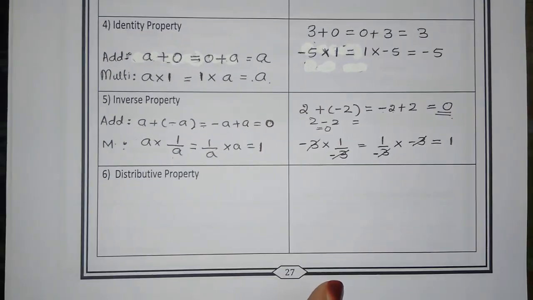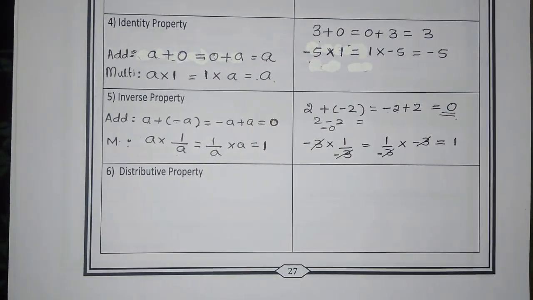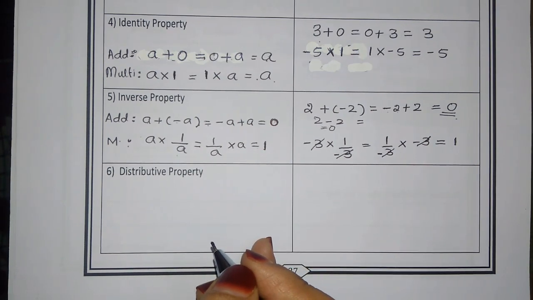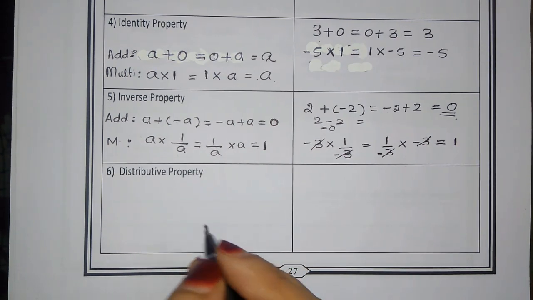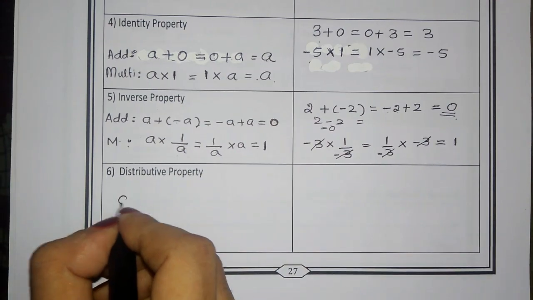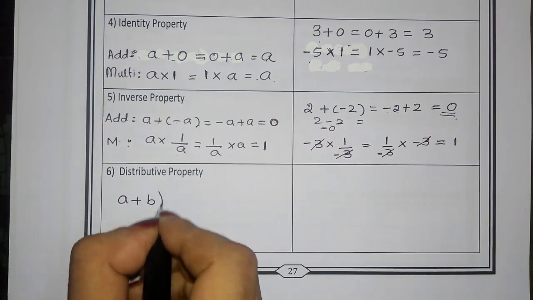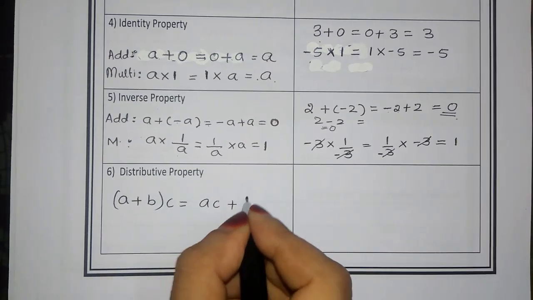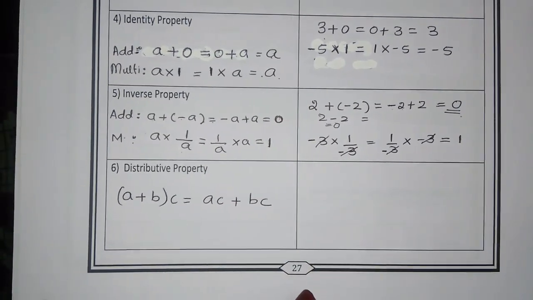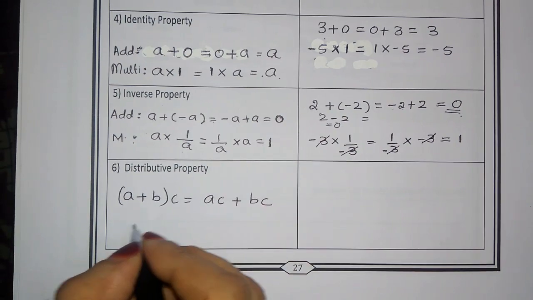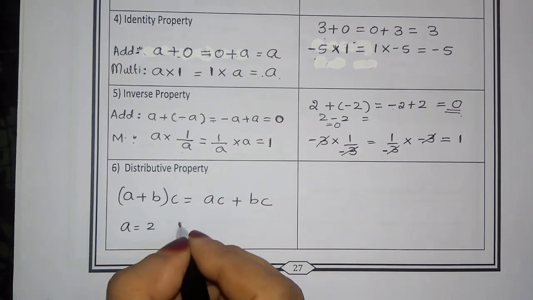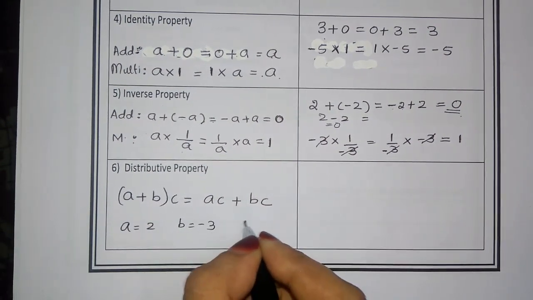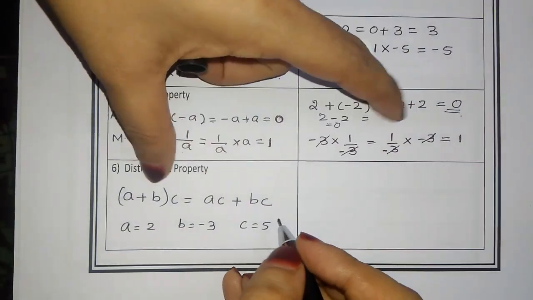Okay, so let us see what the distributive property is. They have told the distributive property under addition. They have given a plus b into c is equal to AC plus BC. Now let us take A equal to 2, B equal to minus 3 and C equal to 5, and substitute here.